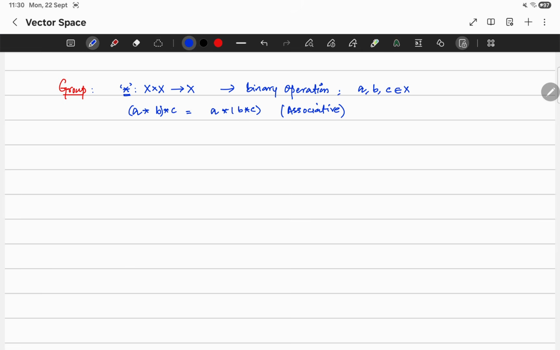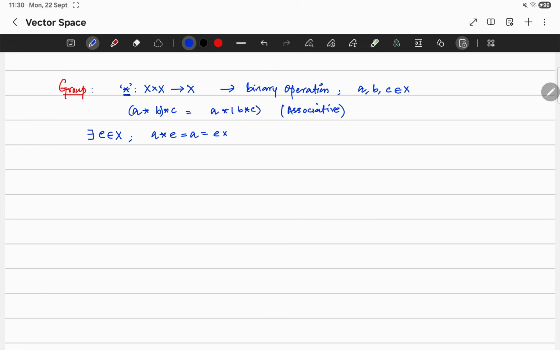Then again, one property we have discussed is the identity. That means there exists an element e from the set X such that if you operate it with any element of the set you will get the element itself.